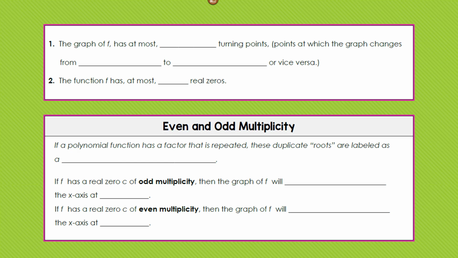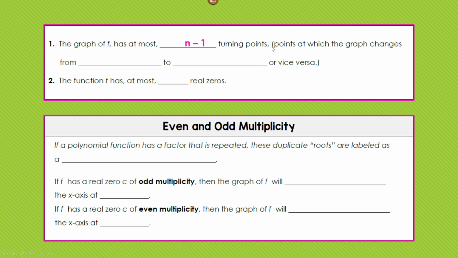So you want to almost think of this as a puzzle or a mystery, and we're paying attention to little things like the degree of the polynomial or the sign of the leading coefficient, or as you can see, we're going to talk about multiplicity in just a second. These things tell us a lot about what this polynomial is going to look like. So here's another little clue. It says the graph of f has at most n minus 1 turning points.